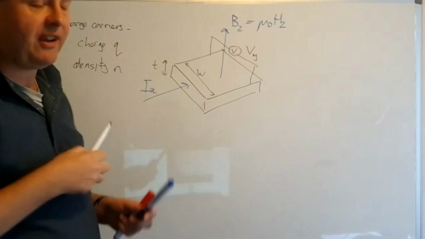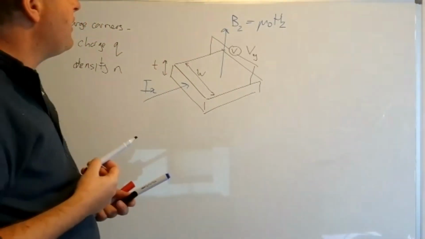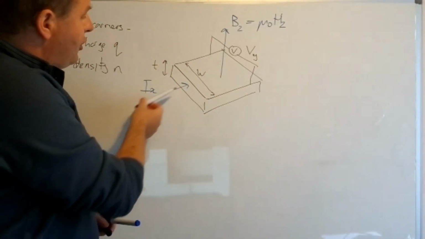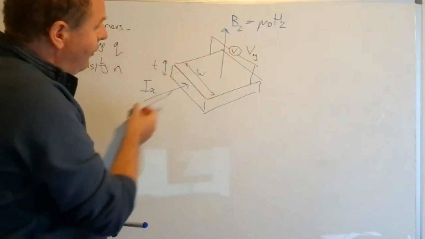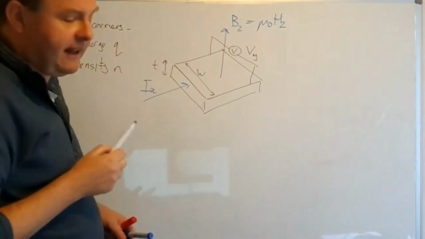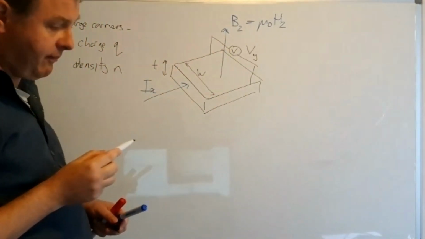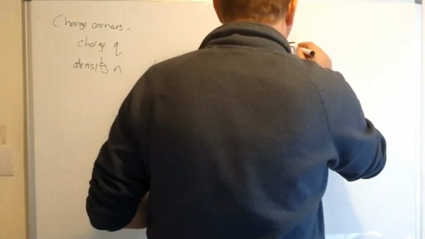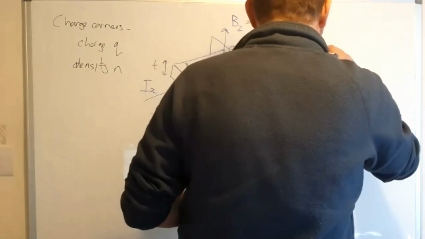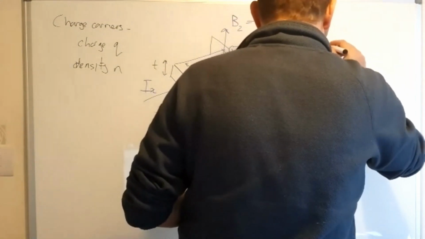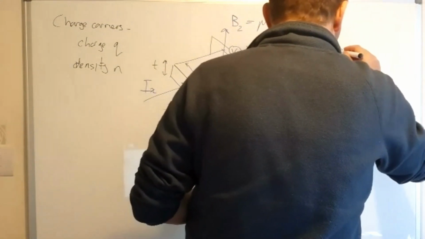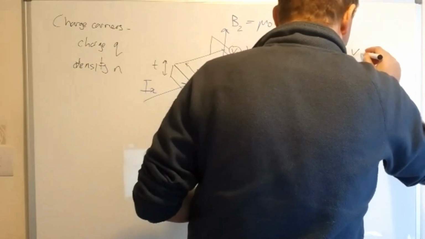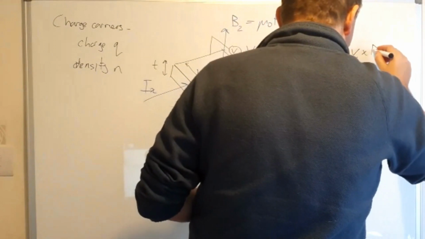Of course, that will set up an electric field. So in the steady state, the force on the charge carrier is going to be given by the Lorentz force and the electric field operating in the other direction. So we can write down an equation for that, which looks like this.